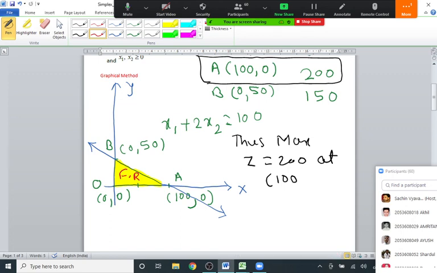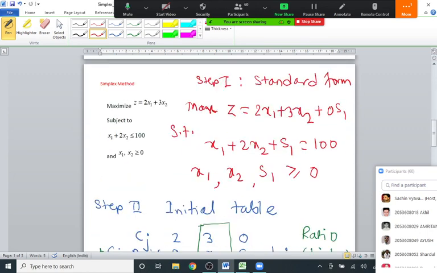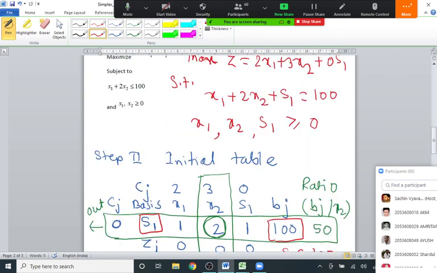So what are the important things you should focus on? The first thing, whatever LPP you are given, write it in the standard form by adding slack variables only. You have to add s1, s2, s3 for less-than-type constraints only. Then the table starts with the Cj values, which are the cost values of the objective function.